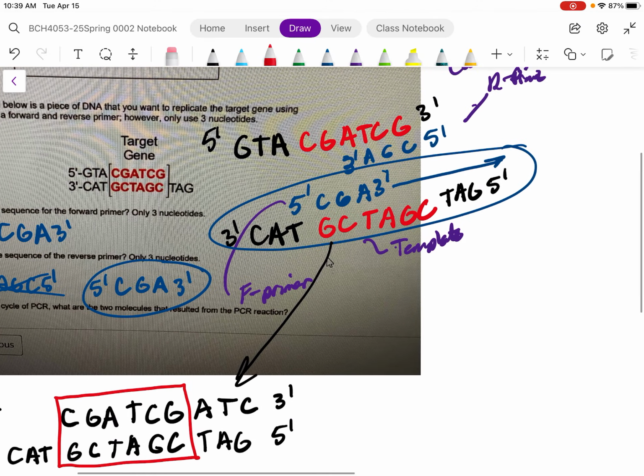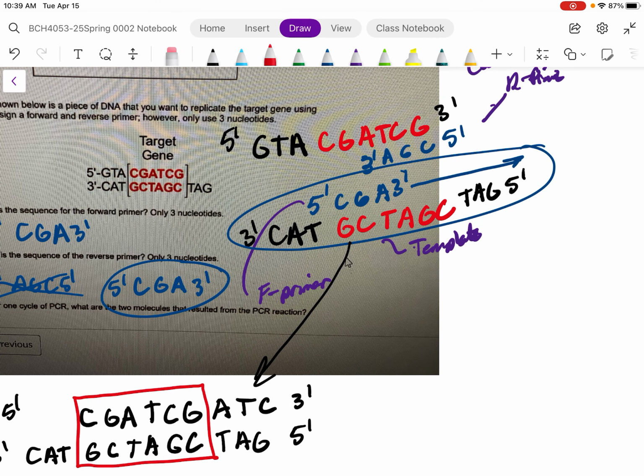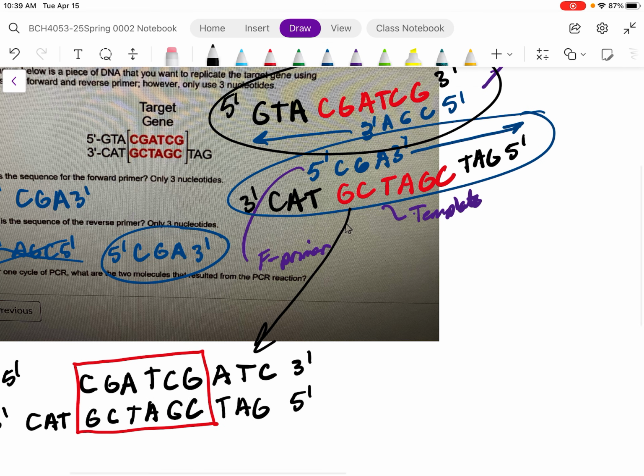But now our coding strand, okay, this guy, what's that going to turn into? Because we synthesize from the 5' to the 3' direction, what we're going to have is our 5' end, which still has the GTA, CGATCG, 3' end right there.